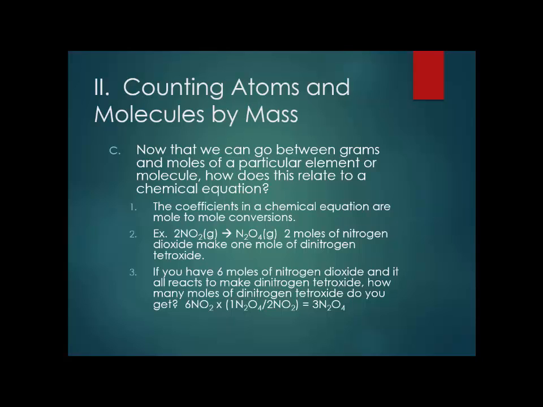Notice those are just the coefficients from my balanced chemical equation. I put the one I want as my final answer on top. The one I'm trying to cancel is the one on the bottom. And the ending thing that I'll get is that I would get 3 moles of dinitrogen tetroxide out of 6 moles of nitrogen dioxide. So it will cancel out using those coefficients.